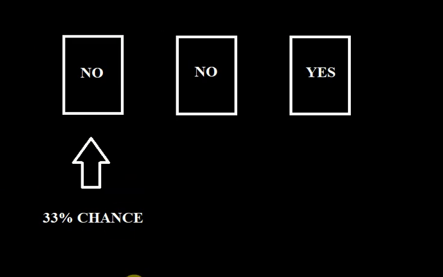Now, after we make the selection, the host of the show, because this is called the Monty Hall problem, will remove a door that has the wrong answer. And now they say to you, all right, would you like to keep the door that you originally chose, or would you like to switch doors for a chance to win the prize?